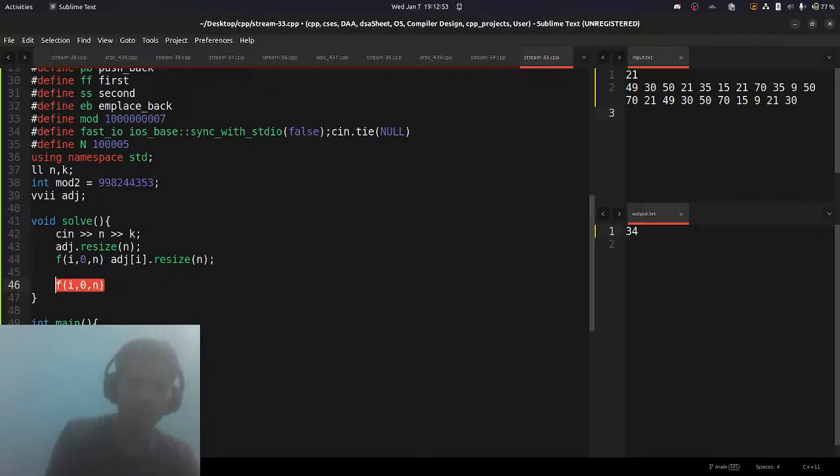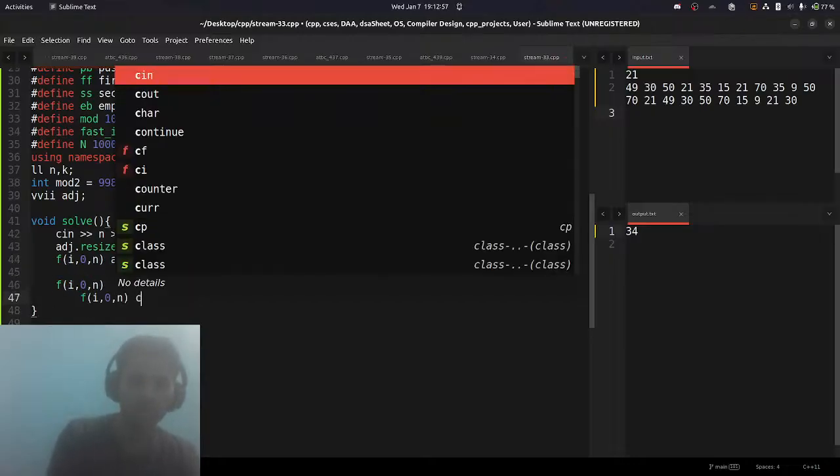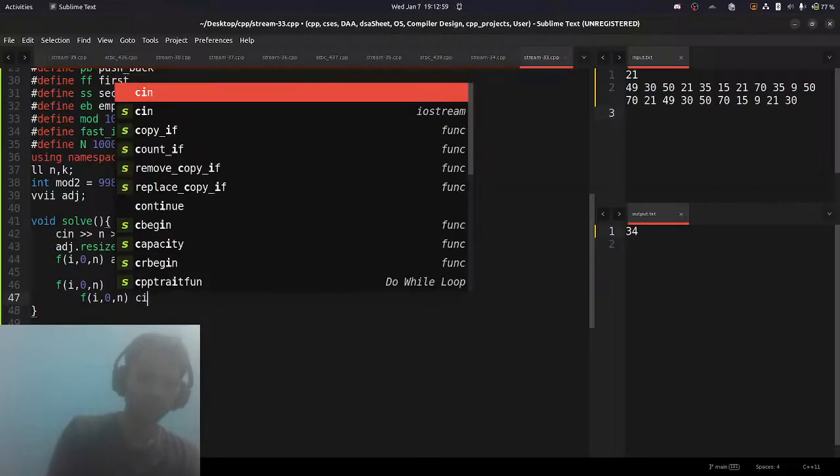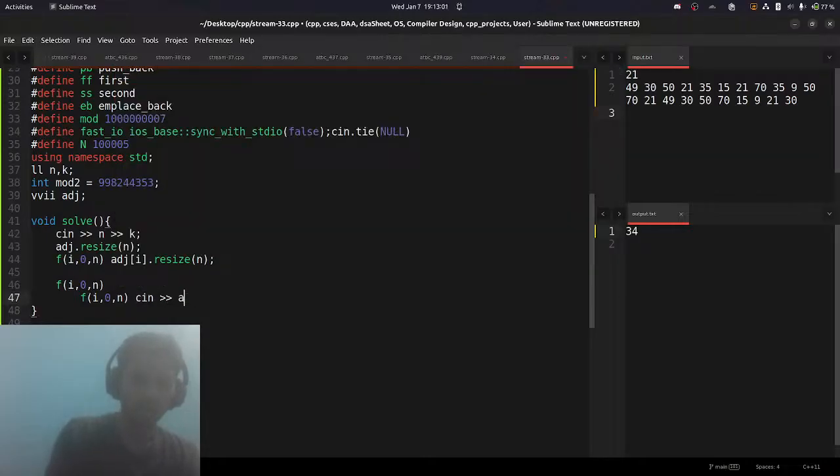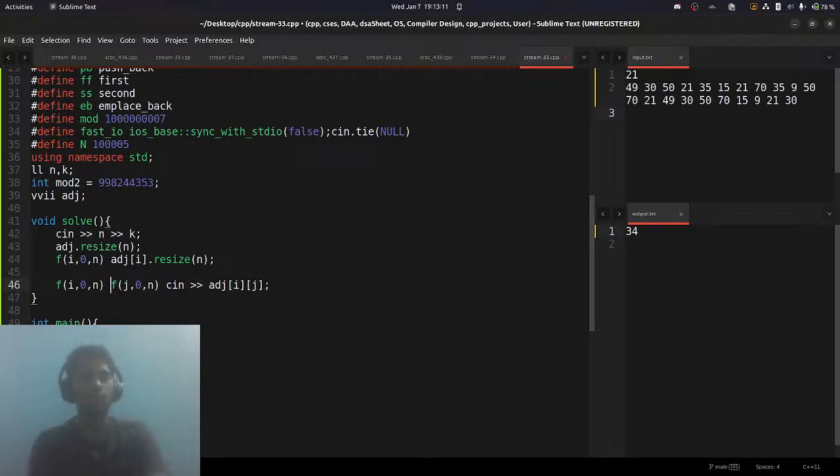I don't want to write this, so I'll just copy it. I'll copy it again, and I'll take input in the adjacency matrix. All right, we are done with the input.